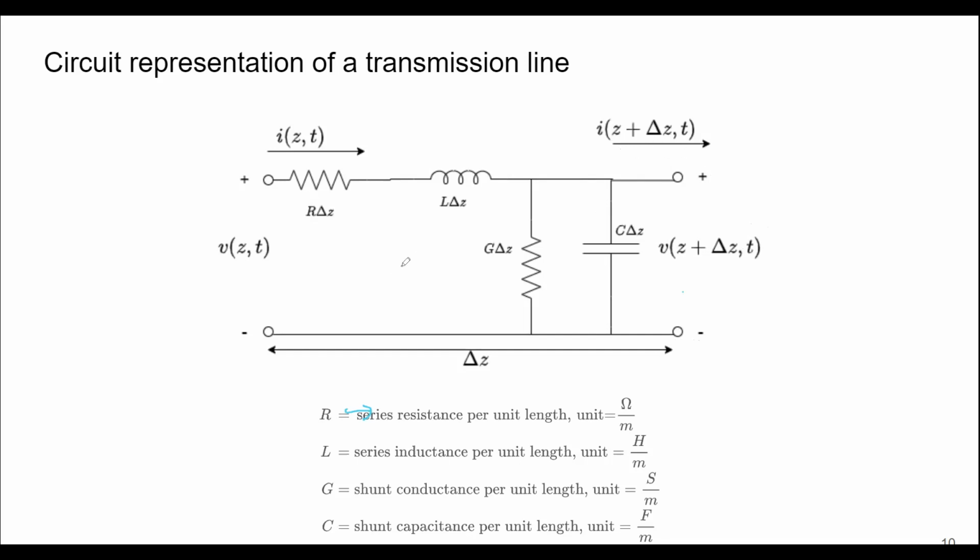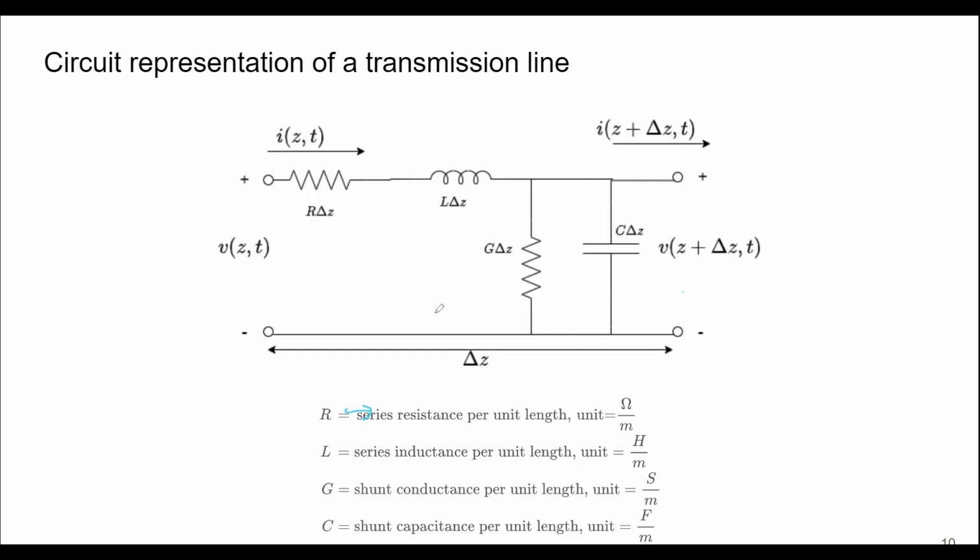The voltages at the input side at Z and at Z plus delta Z are actually different parameters. So we need to consider the location also when we denote the voltages and currents.